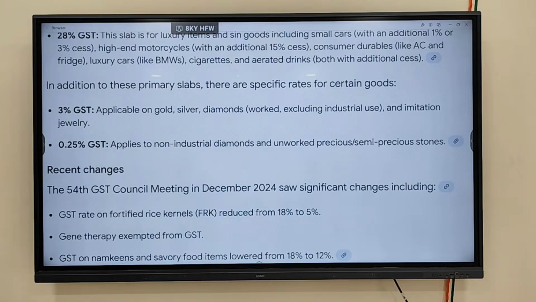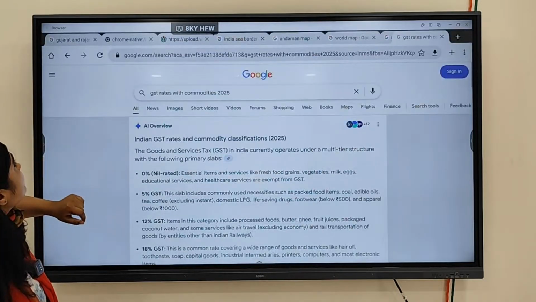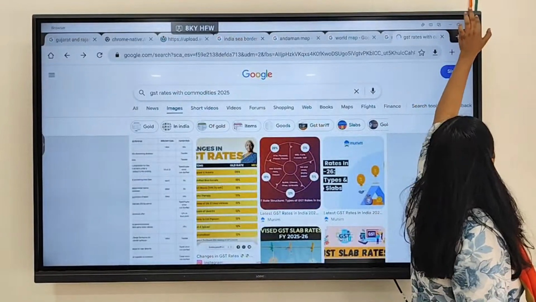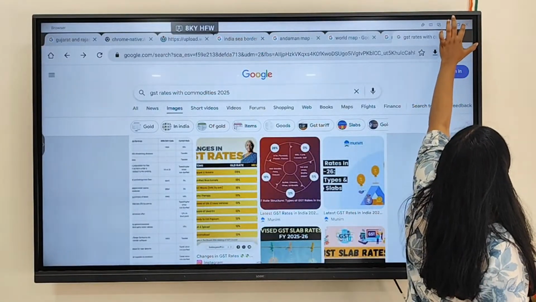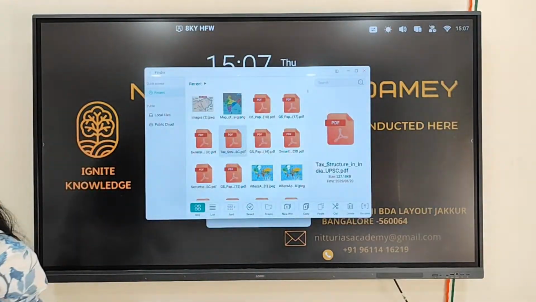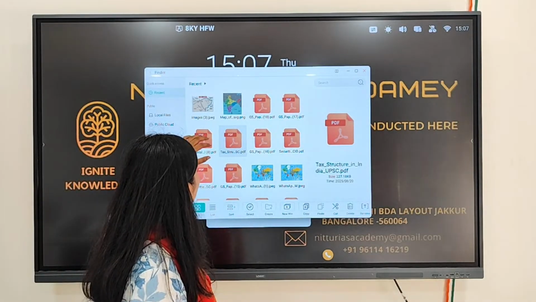Is there any doubts? Okay, which goods are exempted from GST? Which will not come under GST? Have I told in the class or not?